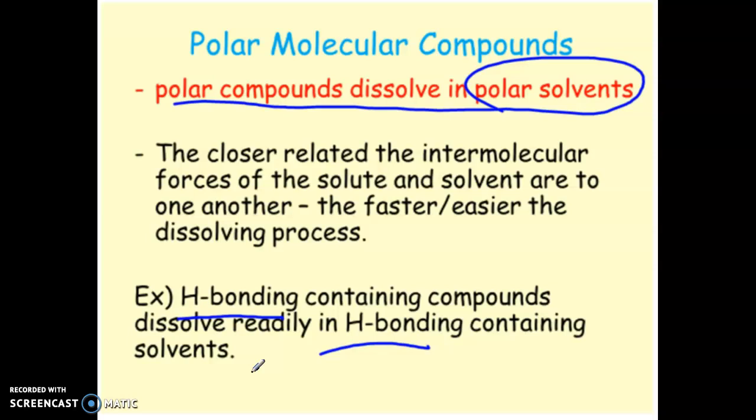If I have something that has dipole-dipole, it's still polar, but it might not dissolve as quickly as something that would have hydrogen bonding. So typically, the more closely related the forces are of the solute and solvent, the easier they will be able to dissolve with one another.